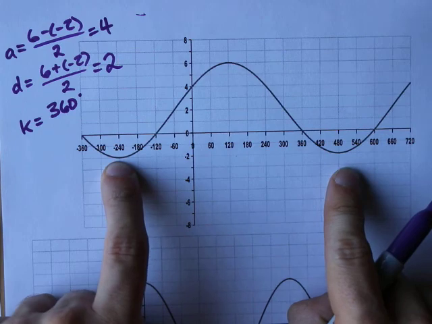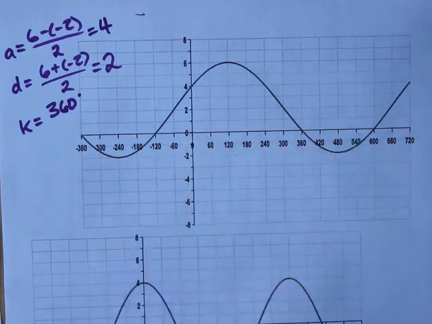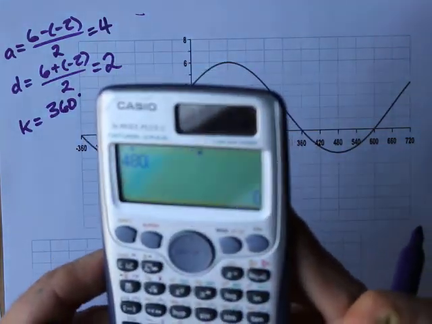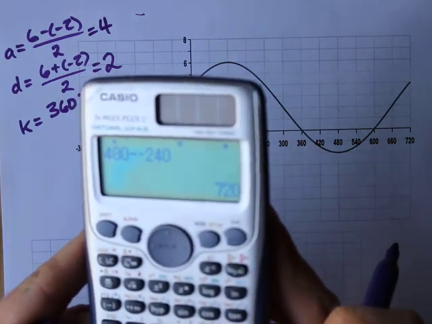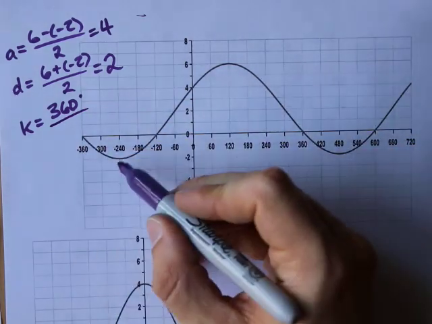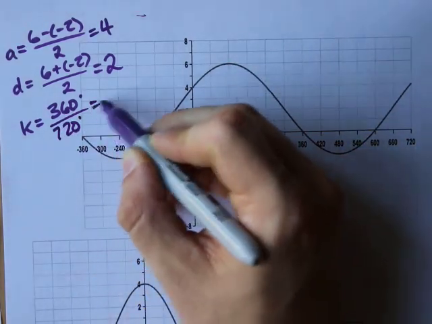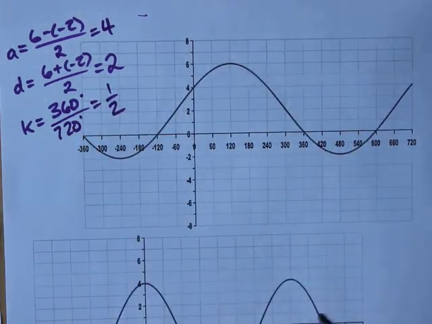This goes from -240 up to positive 480. Now, I don't know what the difference between those is, but I'll find out. 480 minus -240, that's a difference of 720. My period then is 720 because that's how long it takes to do one cycle. 720 degrees. I get a K that reduces to a half. All right, that's a nice number.